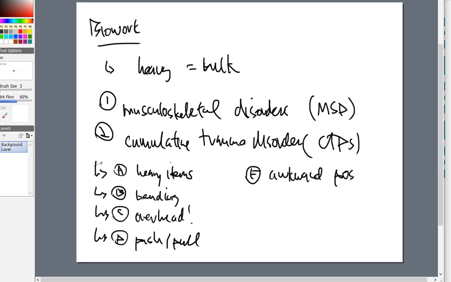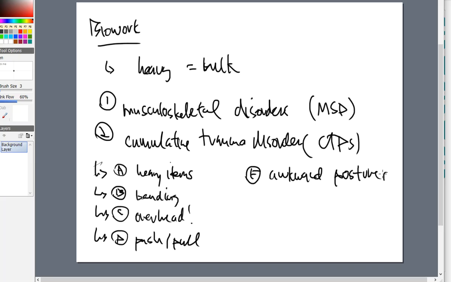Next up, awkward body postures. A lot of times when we do things, we think it's convenient to twist and turn, or to put ourselves in some kind of cramped position, and even for a brief moment I maybe think that's okay, but it's not the proper way to do that job.